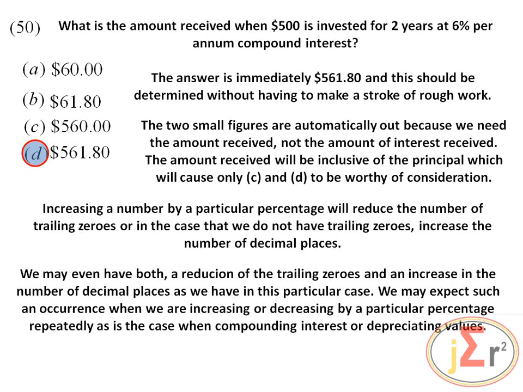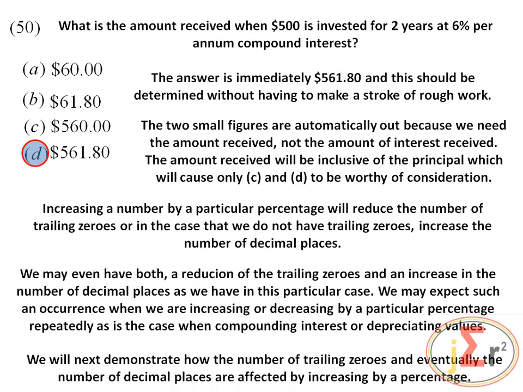We will next demonstrate how the number of trailing zeros and eventually the number of decimal places are affected by increasing by a particular percentage.